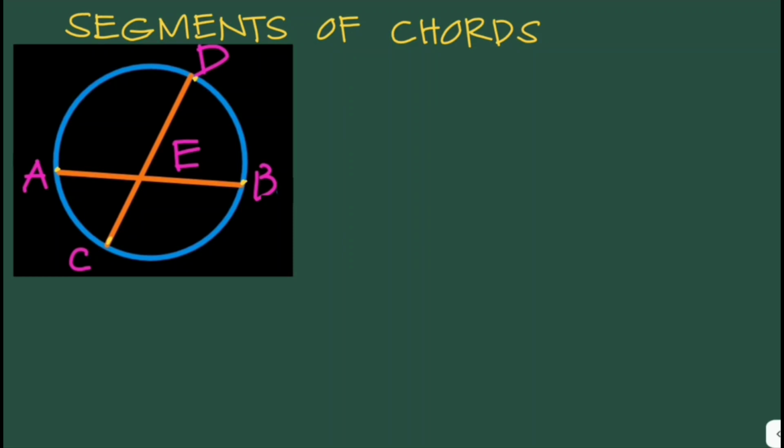So that means for chord AB, the length of AE times the length of BE is equal to chord CD, which is the product of the lengths of CE and DE. Now let's take a look at this sample problem here.